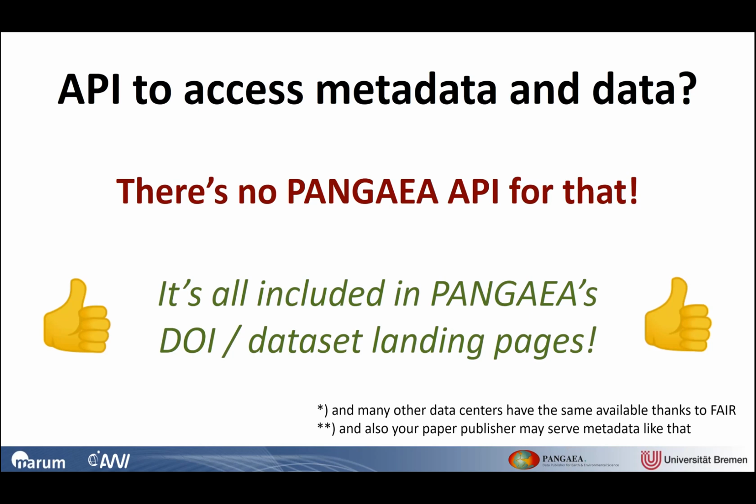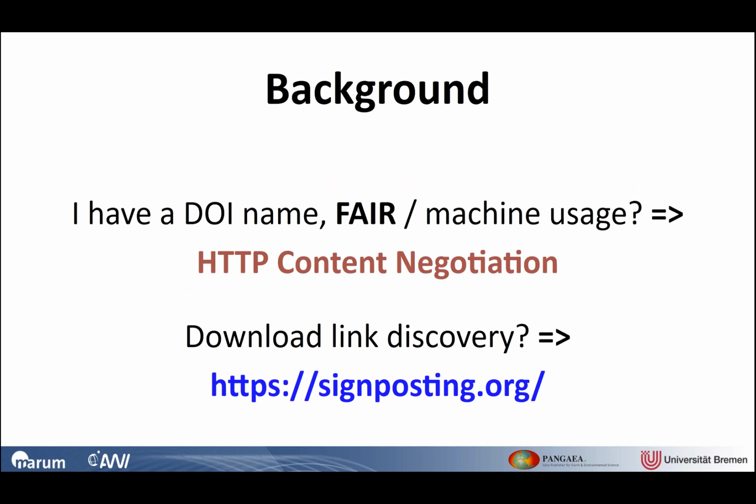And it's dictated more or less by the FAIR standard, which tells you that to make a data set FAIR, it should not be only consumable by humans. It should also be consumable by machines, and for that, the FAIR standard suggests to use HTTP content negotiation. And if you want to figure out what is available by this HTTP content negotiation, there's a standard for link discovery, which is signposting, which is created by the community.